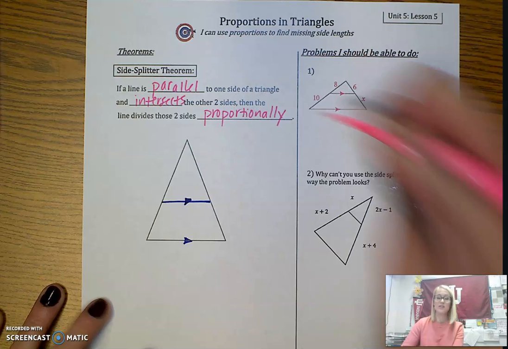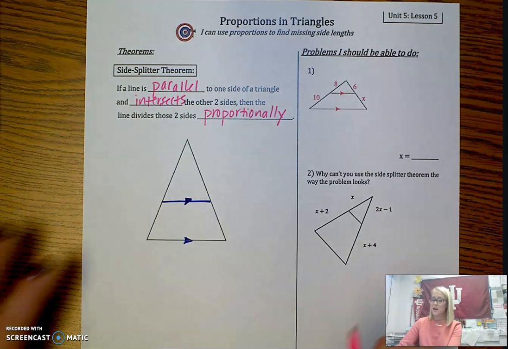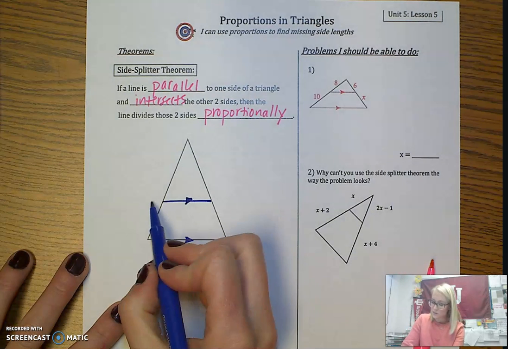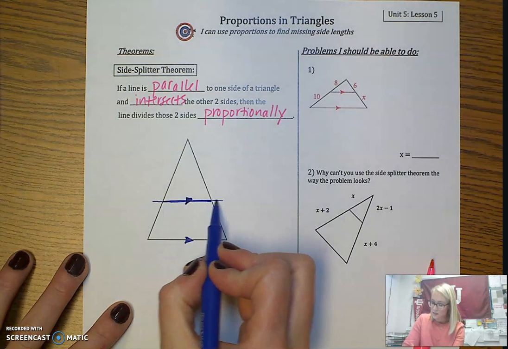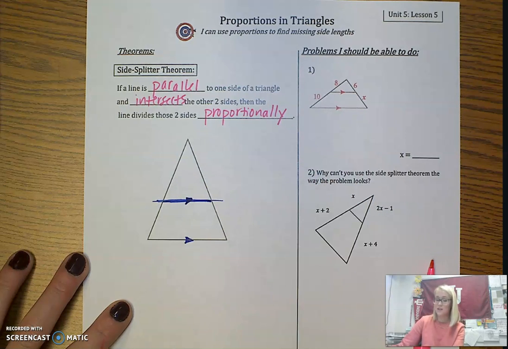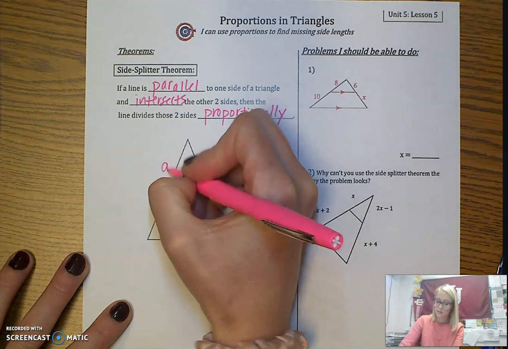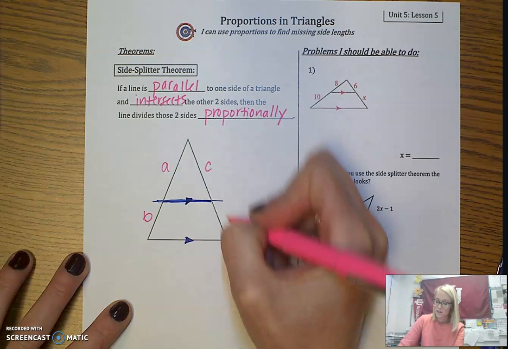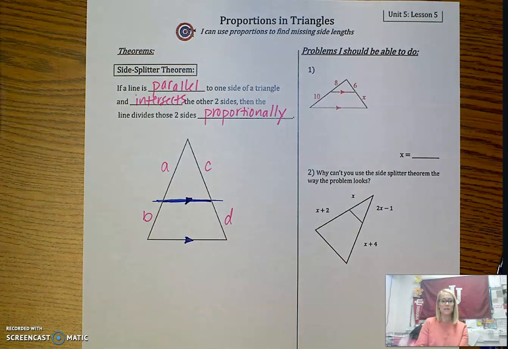For the sake of generalizing, let me extend it. It's going to divide these 2 sides into 4 different pieces, and they're probably going to give you those 4 pieces. I'm going to call those pieces A, B, C, and D.